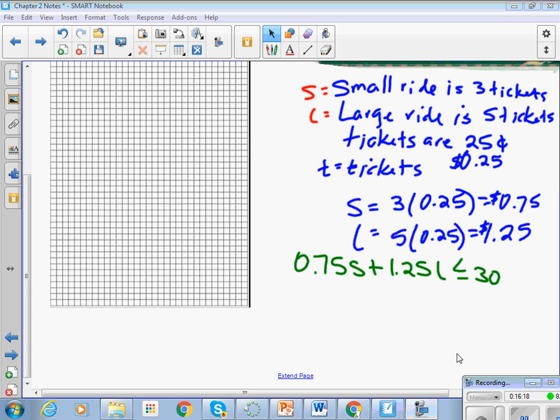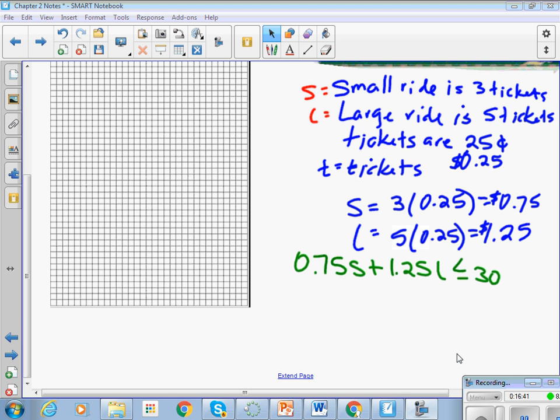Okay, so to recap, S is the small ride, it's 3 tickets. L is the large ride, it's 5 tickets. S is 3 tickets times 25 cents, so the cost to ride one small ride is 75 cents. L is our large ride. We multiply that by 5 because it's 5 tickets.